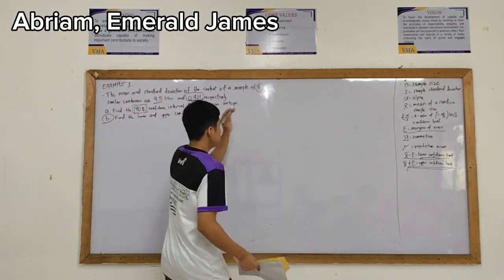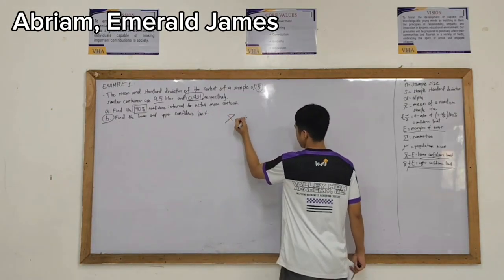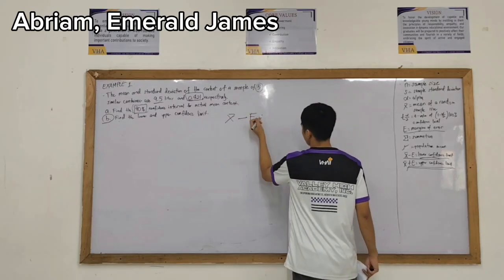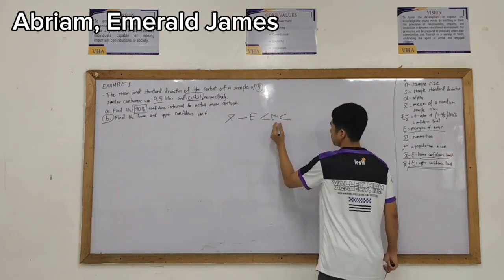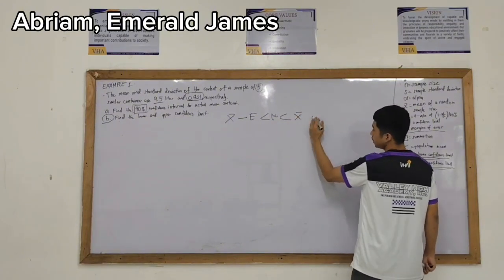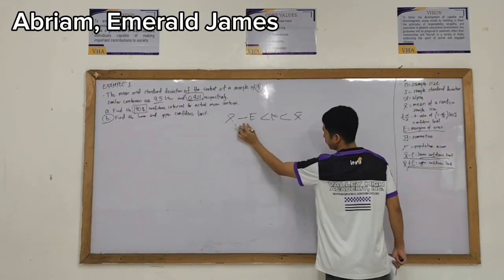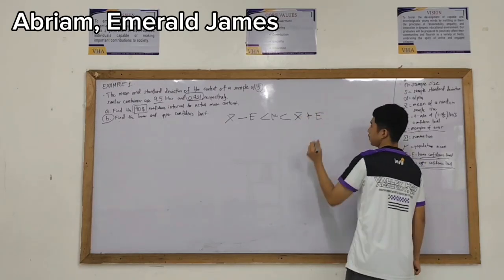This is the solution: the mean minus the margin of error, and on this side it is minus and on this side it is plus the margin of error.